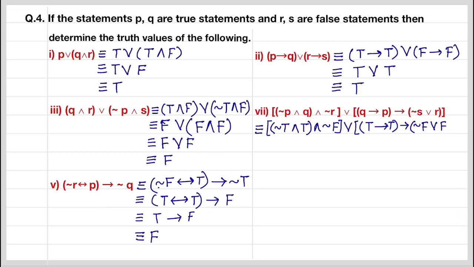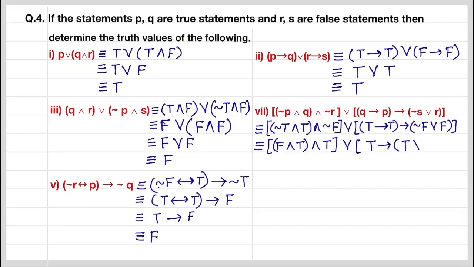S is a false statement. Negation of T is F and T. And again negation of F is T. Or the second bracket, T implies T. T implies T is equivalent to T.